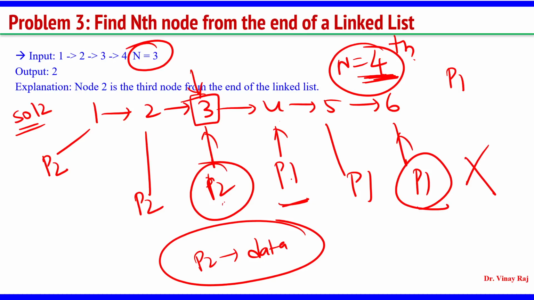Whenever P1 next becomes null, the while loop will stop, and P2 will end at some point. That point itself is the nth node from the end of the linked list. Though I don't say fast and slow pointer, we are using 2 pointers here.